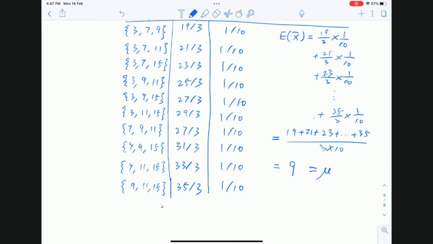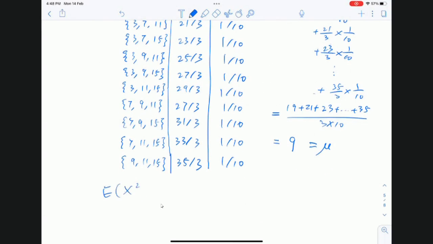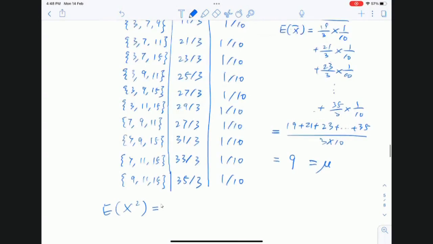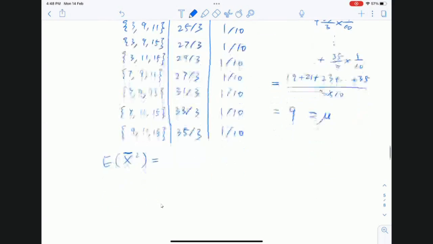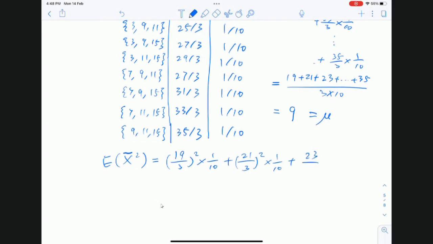So the expectation of the square of the sample mean will be equal to the square of each possible value of the sample mean, multiplied by the corresponding probability. So these are not difficult, but quite clumsy, right?